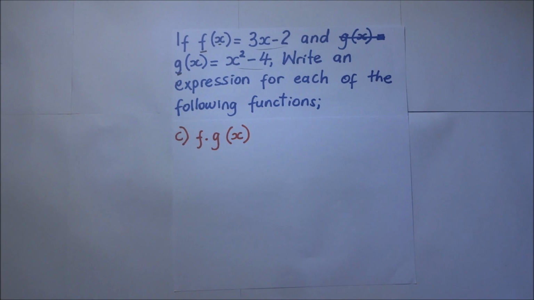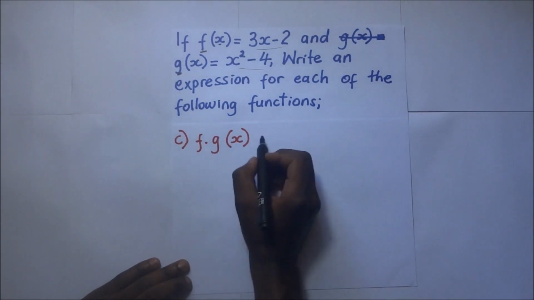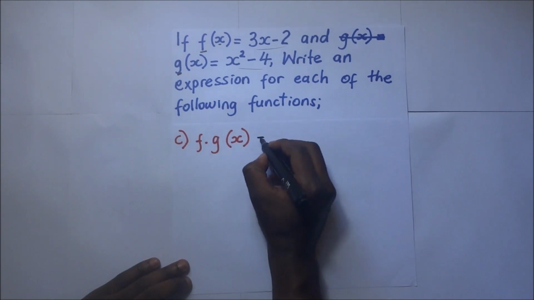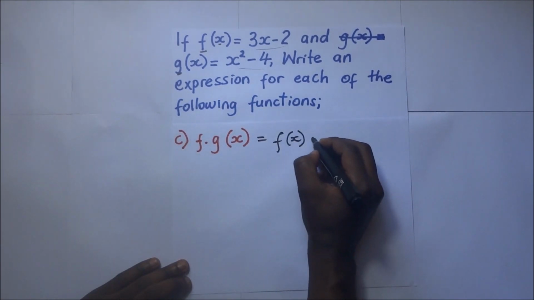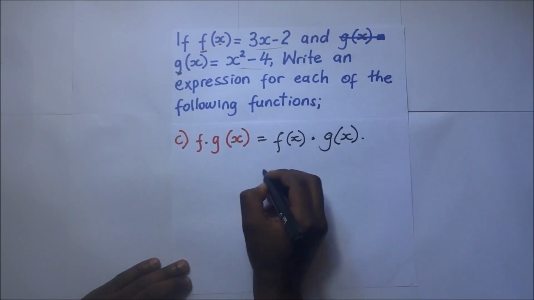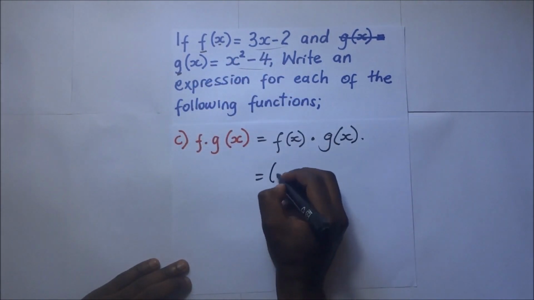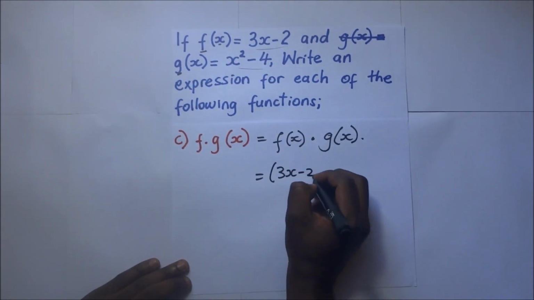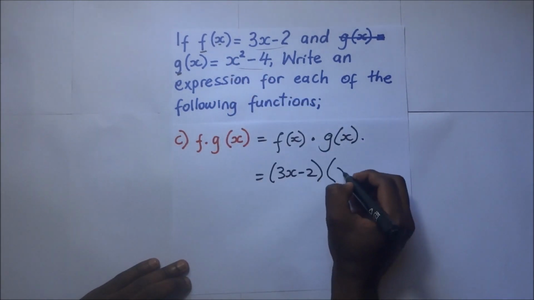Then we have here, we are multiplying the two. We have f dot g. This is the same as f of x multiplied by g of x. So this is going to become f of x, in this case 3x minus 2, multiplied by g of x, which is x squared minus 4.